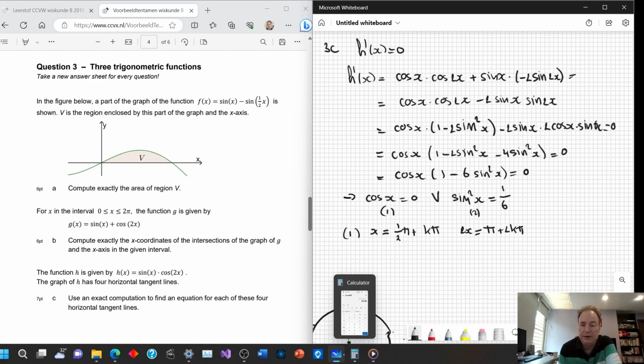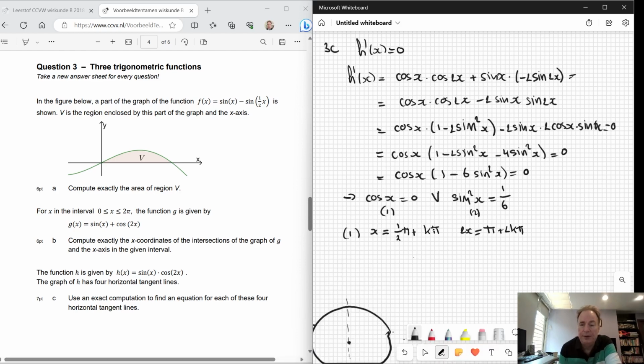So even if you're here, when you multiply by 2, you still have the cosine of 2x is 0. So then it doesn't matter what the sine x is. You can find h of x for these functions.